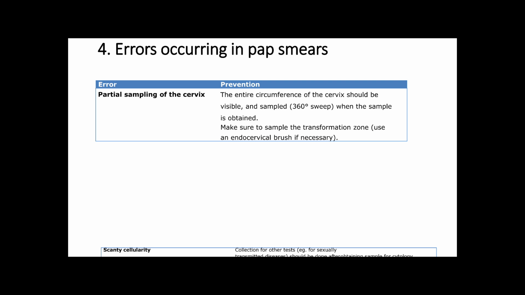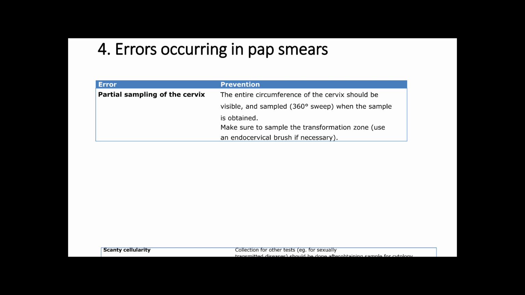Some errors are common to both gynecological and non-gynecological cytology, like a thick smear, air drying, blood contamination, crush artifact, poor staining, and cover slipping, etc. Other errors occur when sampling the cervix, that means in pap smear taking in particular. So here we will discuss that.